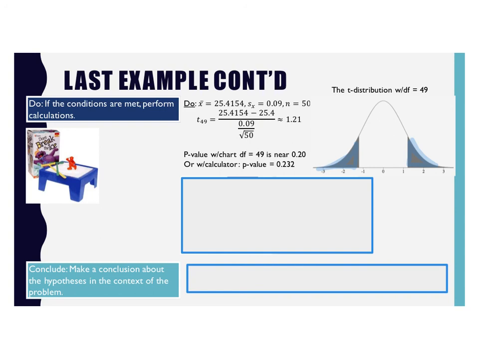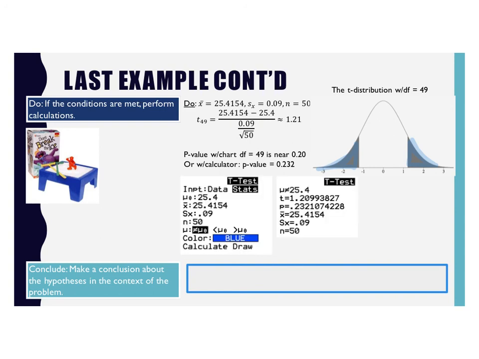Or I can use my calculator and run a t-test in my calculator. Notice we have our null, we have our sample mean, sample standard deviation, sample size, not equal to mu naught, and notice our p-value is 0.232 approximately. Notice we also had the same t-value as if we had calculated it ourselves.